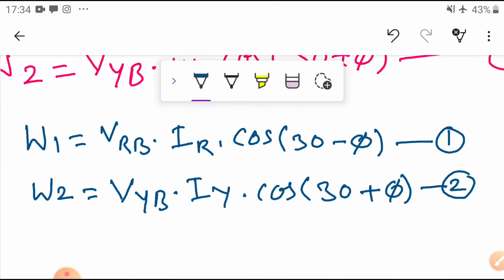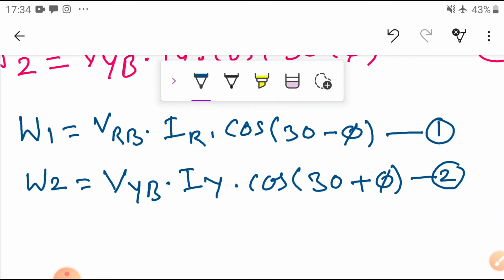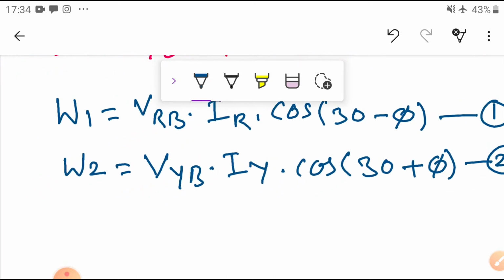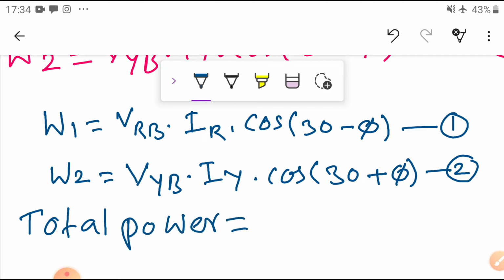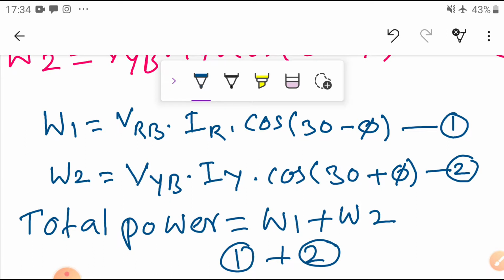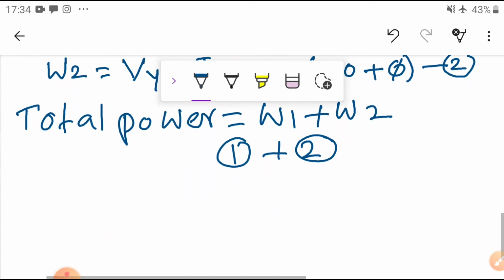So these are the two equations. Now, total power is equal to, what are we assuming? Total power is equal to W1 plus W2. Add it. That is called equation 1 plus 2. We are going to add it. Okay. So now by adding this, on the left side we have W1 plus W2. Okay.